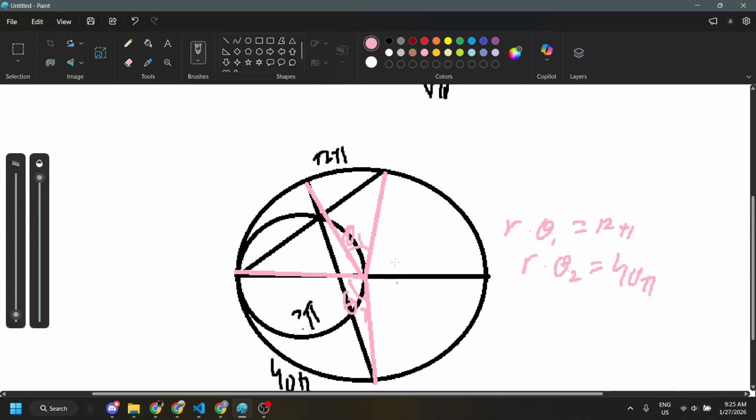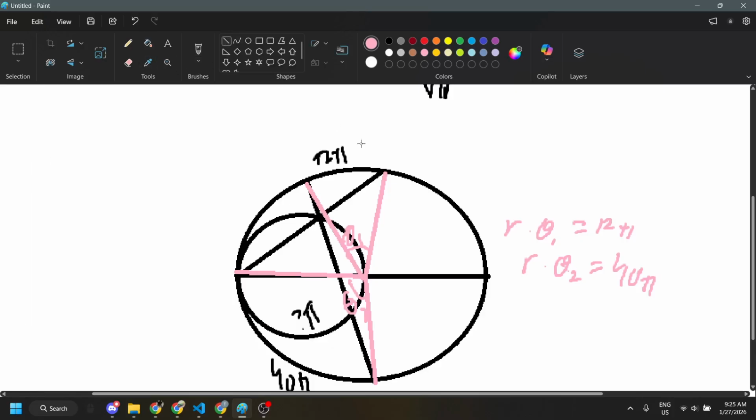So I think that we should just assume that these are vertical to each other, which then allows us to say that these are vertical to each other. Of course they're vertical to each other, I mean they cross through the center. If these cross through the center, then what can we say?